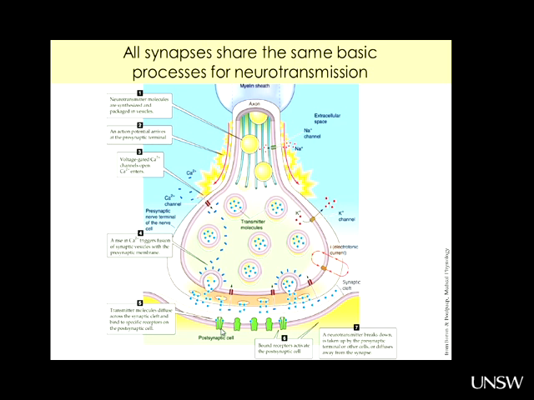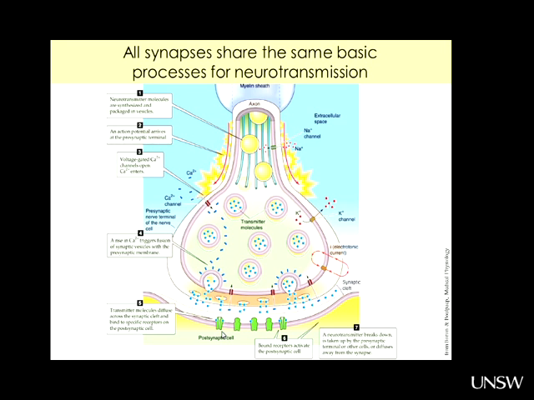Once these have their neurotransmitter bound to them, they open, letting depolarization into the postsynaptic cell. That depolarization will open voltage-gated sodium channels, and your action potential can run away down to the next step.